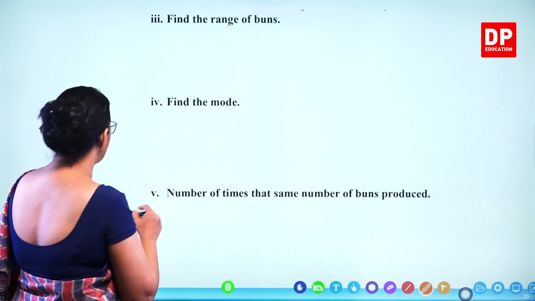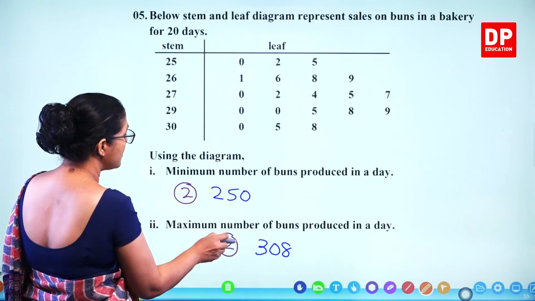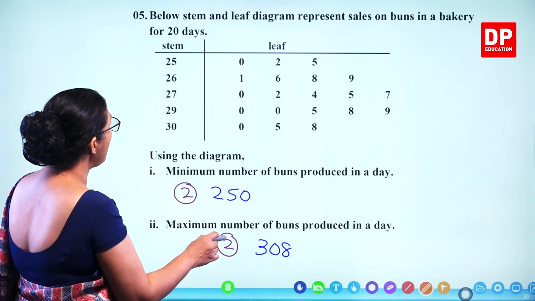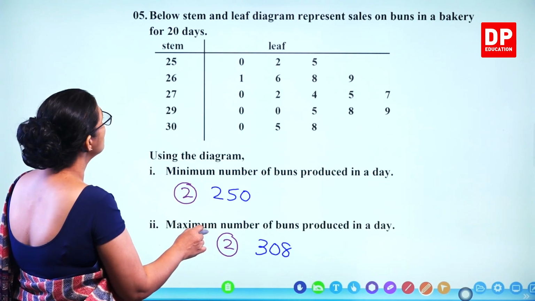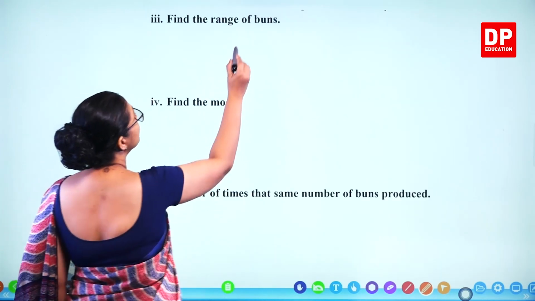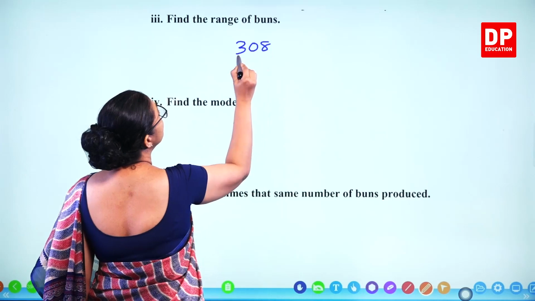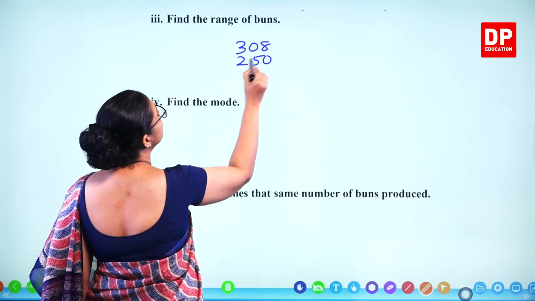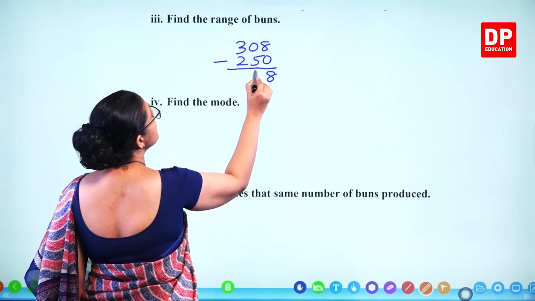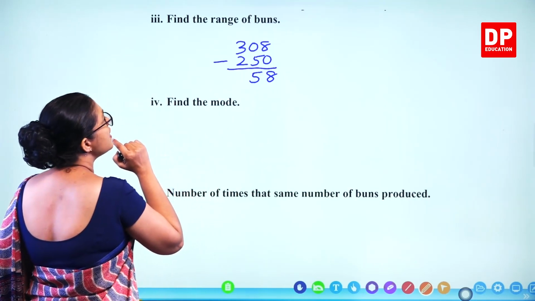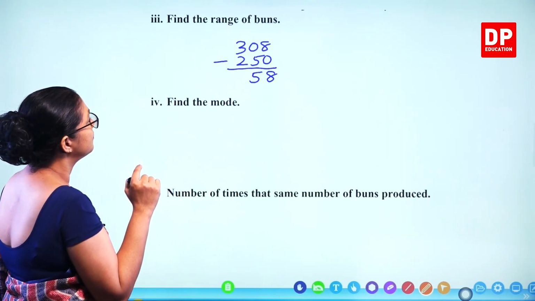Find the range. Range is the difference. 308 minus 250. You get 58 buns.